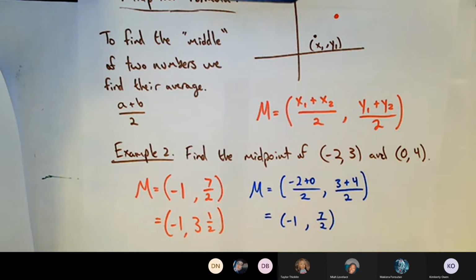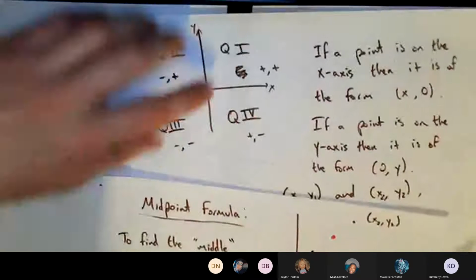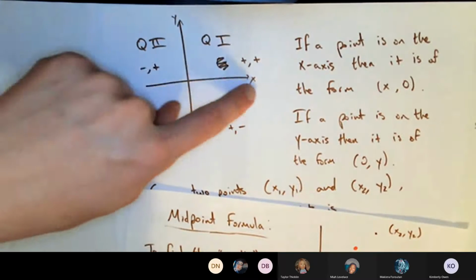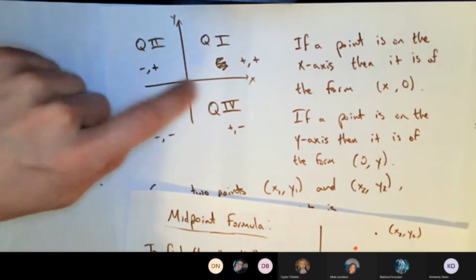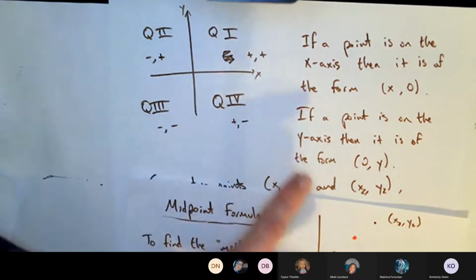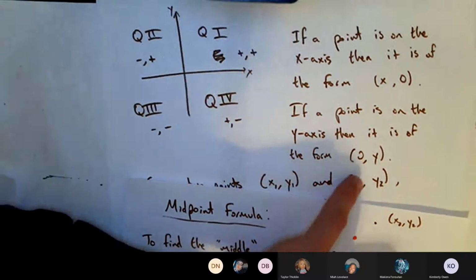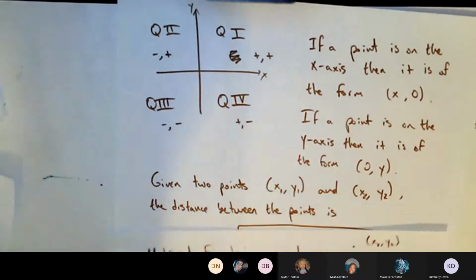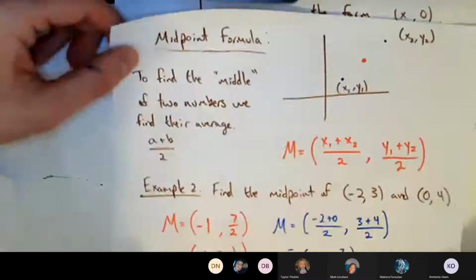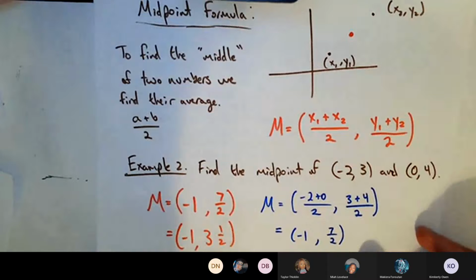That's pretty much Section 1.1. Section 1.1 is understanding the quadrants, understanding how the points act on a graph, right? Like if it's in quadrant 4, then x should be positive, y should be negative. If it's on the y-axis, the x value is 0, and vice versa on the x-axis. Knowing the distance formula, knowing how to use it, and knowing the midpoint formula, knowing how to use it.